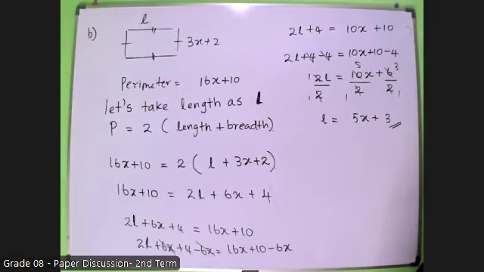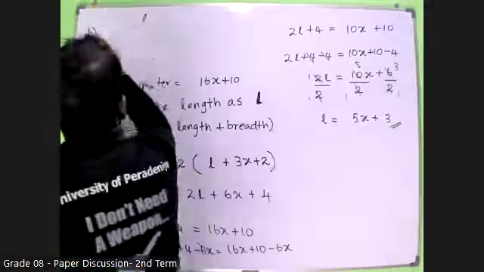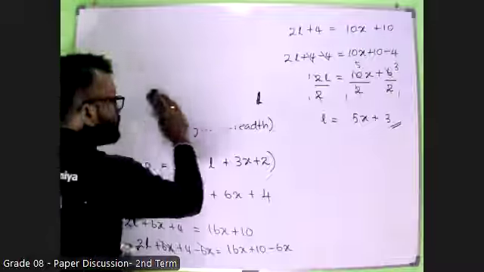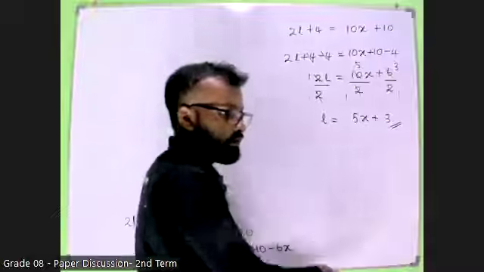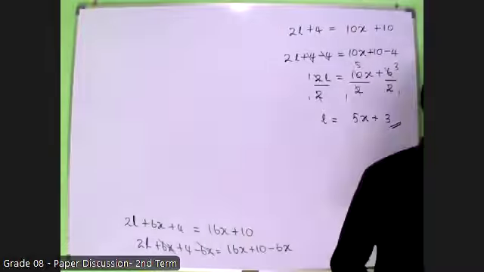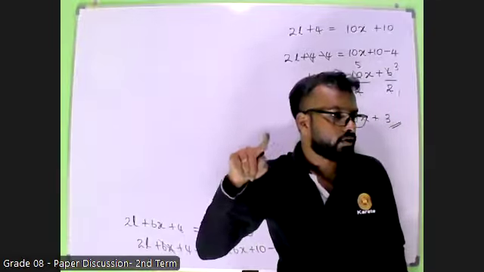Let's go to the fifth question now. What it said: a gold color thread is pasted around this rectangular wall, and find the length of that thread.